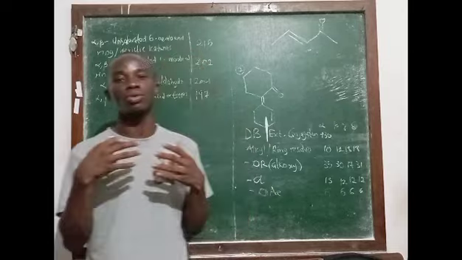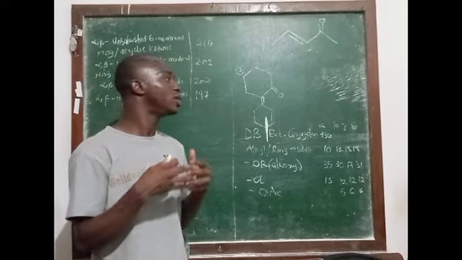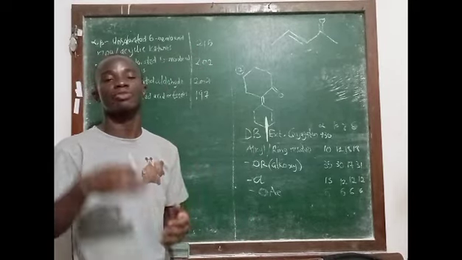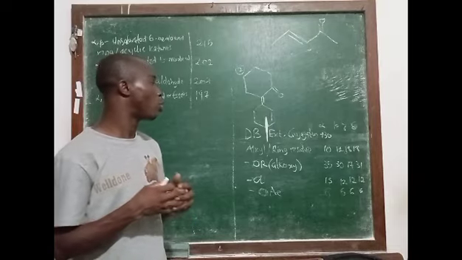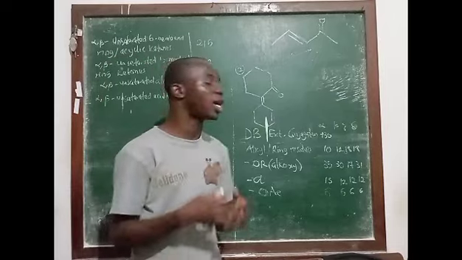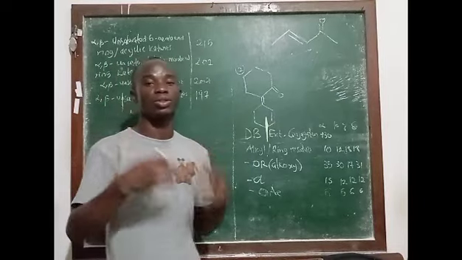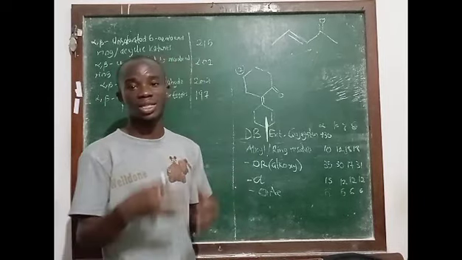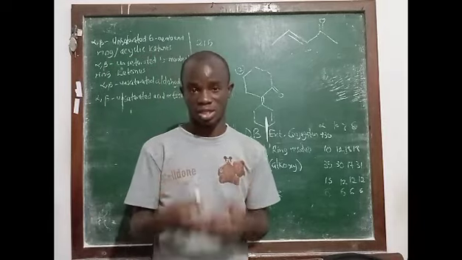Now you have to identify or number every carbon after the carbonyl carbon with the Greek letters, using alpha, beta, gamma, delta until the last carbon in the conjugation system.